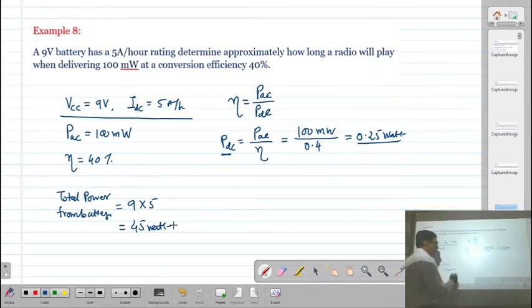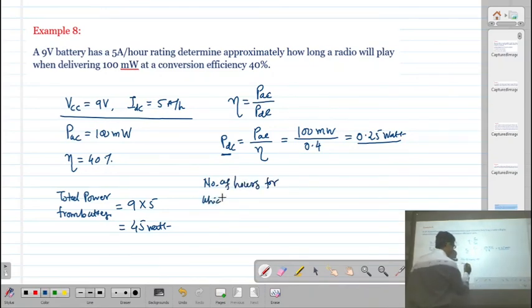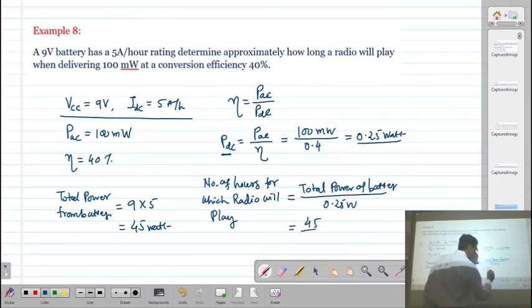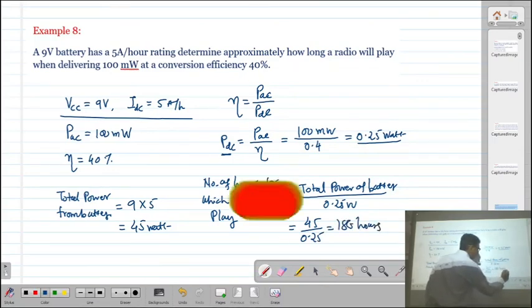The number of hours for which the radio will play is equal to the total power of the battery divided by 0.25 watt, that is 45 watts divided by 0.25, and this comes to 180 hours.